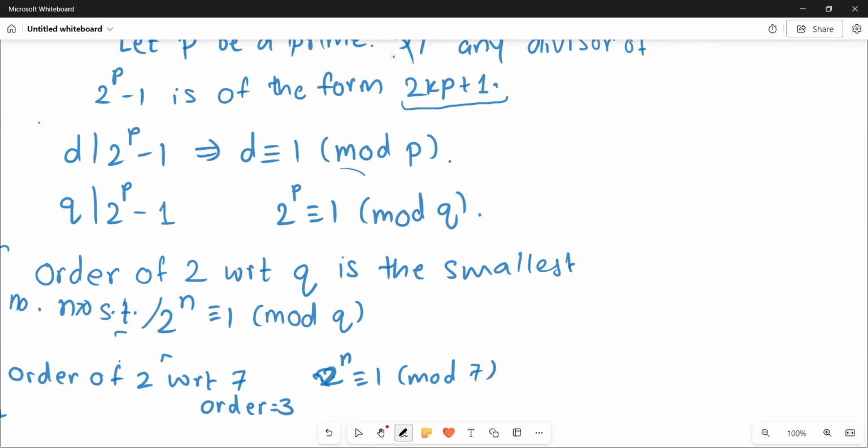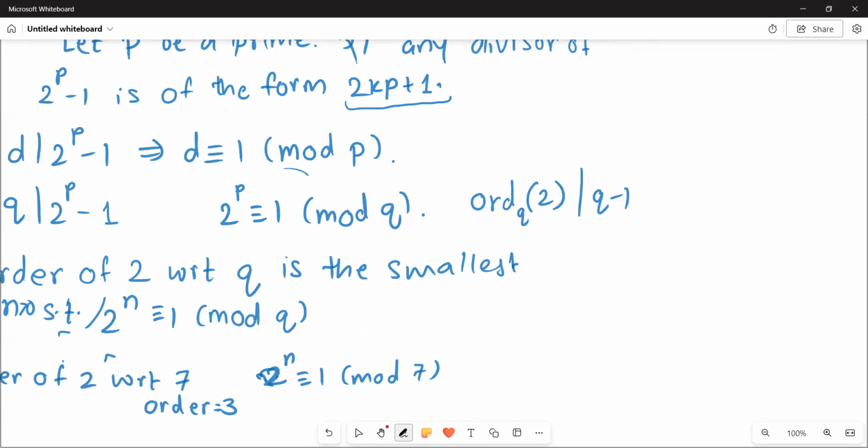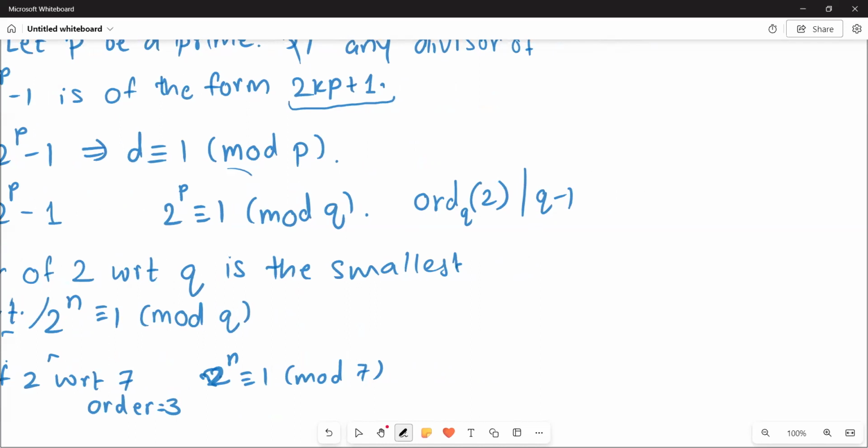So we can write by Fermat's little theorem that the order of 2 with respect to q divides q minus 1. Yes, correct. So what do we get? It also divides p, because 2 to the power p is congruent to 1 mod q.